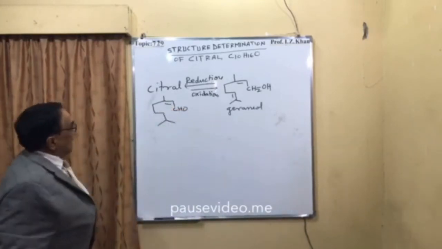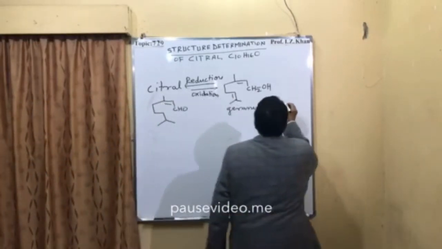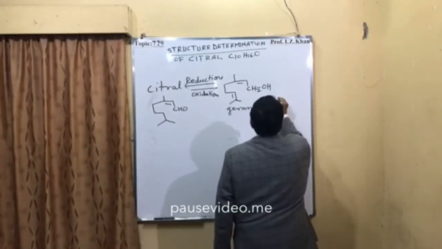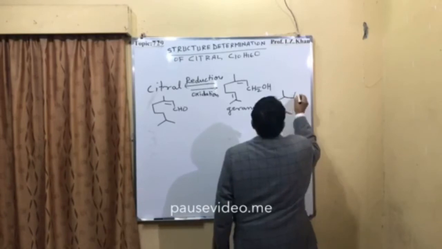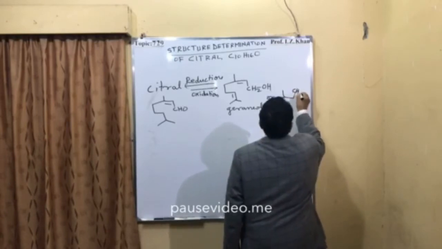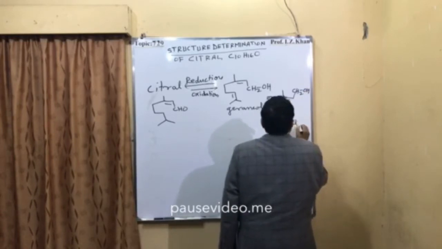like this, and it is in two isomeric forms, like one is this and the other one is nerol.